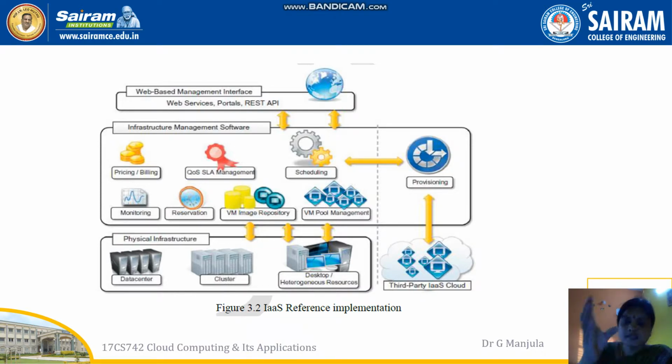Now similarly, you can see there is a dashed line where I can also access the negotiation, like provisioning or providing some of the services, which is called negotiation, pricing, controlling, or monitoring, all those things. You can see some of the QoS and service level agreement. These are all called the management of software platforms. What are the platforms for billing, monitoring, reservations, VMware, image repository?